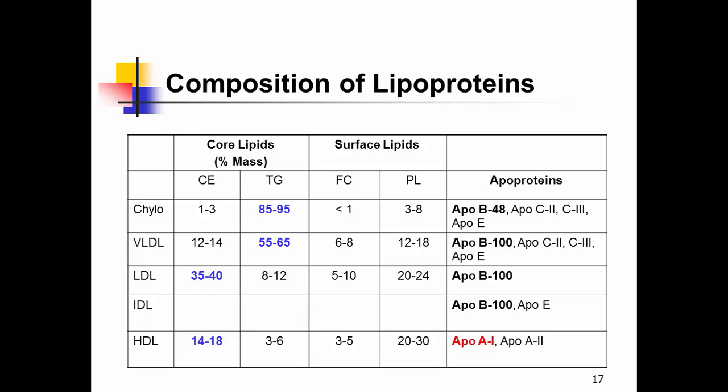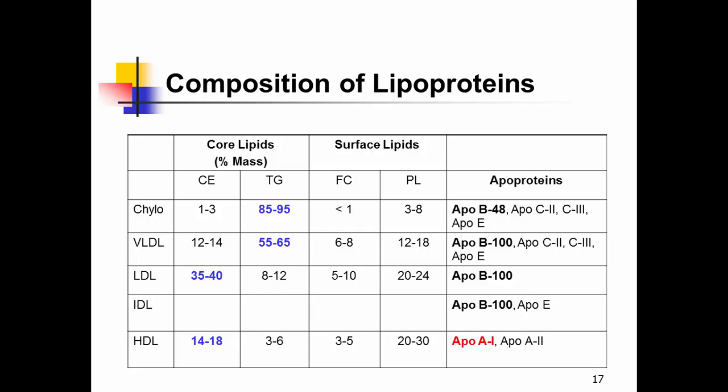So chylomicron has ApoB48, because ApoB48 is synthesized in the small intestine, and chylomicron is also synthesized or packed in the small intestine, right? So that makes sense. You try to connect this. ApoB100 basically is synthesized in the liver, so this connects to the VLDL. So VLDL surface usually has ApoB100 and not ApoB48.